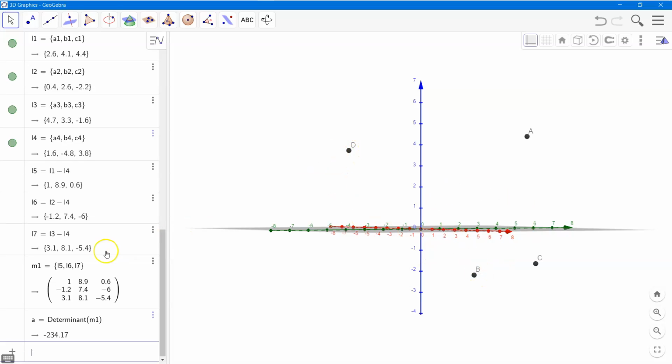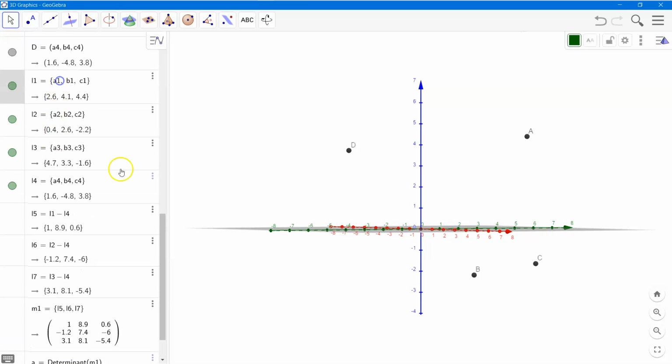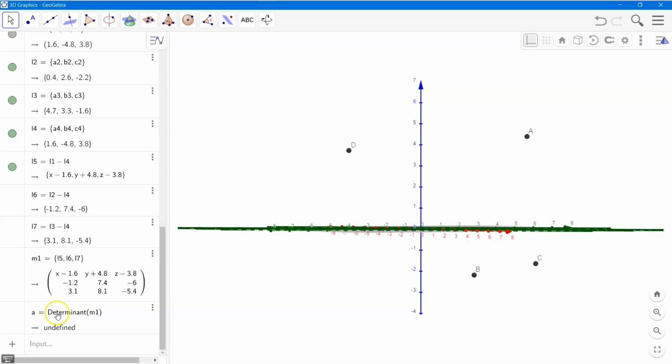But since these are all specific points, we can only say that these 4 points are coplanar. But if we make one of these points an arbitrary point, then we end up with an equation in x, y, and z. So let's take L1 as, instead of A1, B1, C1, let's say x, y, and z, and see what happens. Now, because variables are there, it can't evaluate it and is not building the equation, but we know how to do it.